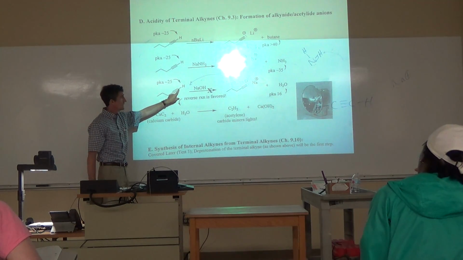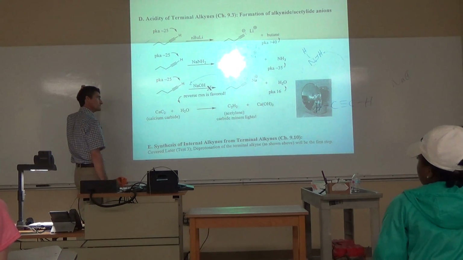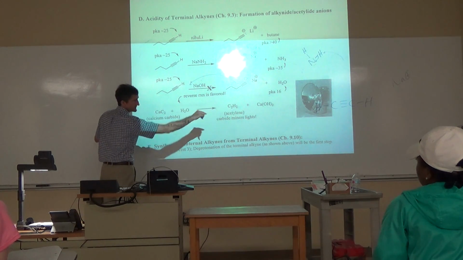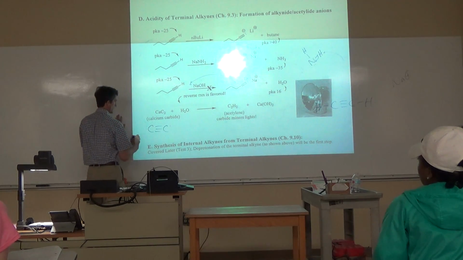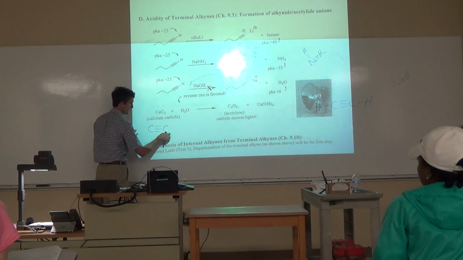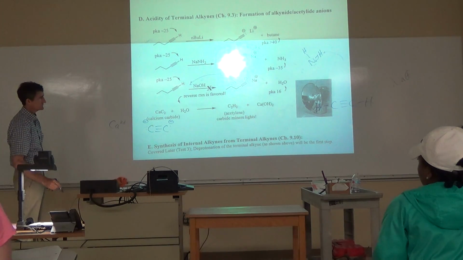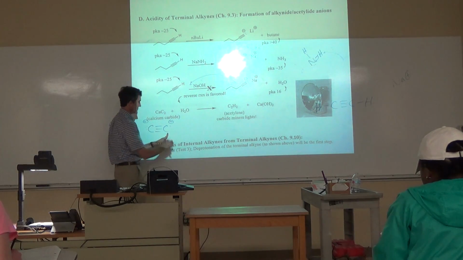That's what I'm showing here. Calcium carbide is actually the dianion of acetylene, C2. What's the charge of the calcium? 2 plus. What's the charge of each of these carbons? Minus and minus. Now what happens if you put an acetylide anion in water?